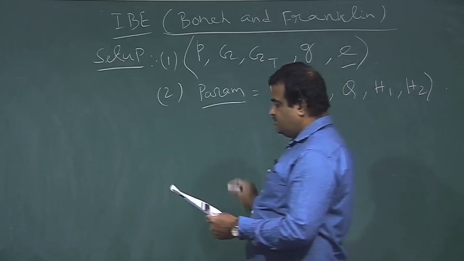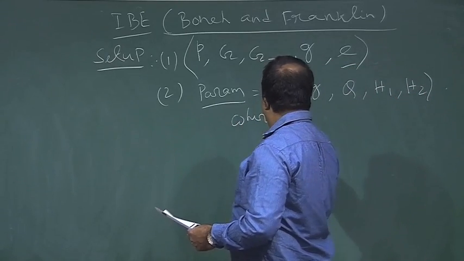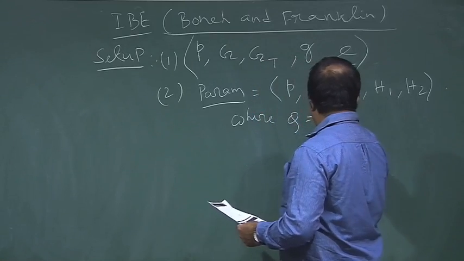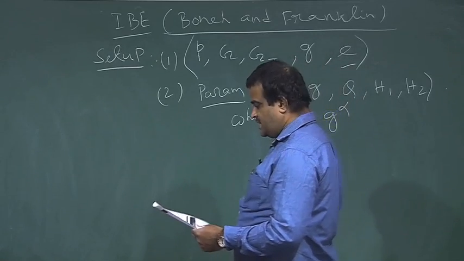What are H1 and H2? Q is g to the power alpha, where alpha is the master key.